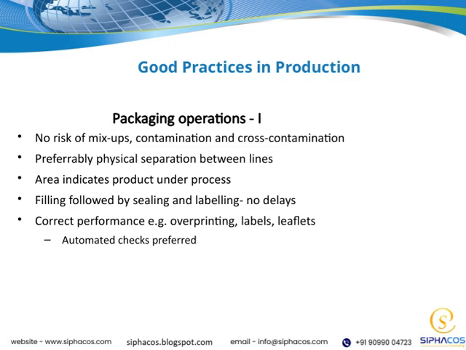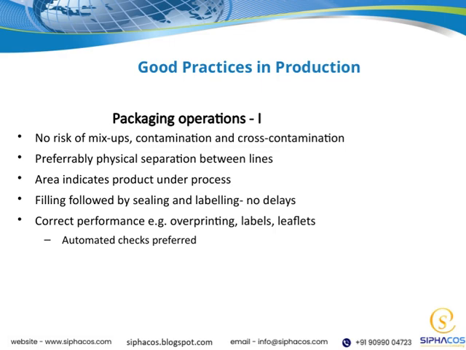The process flow typically involves filling, followed immediately by sealing and labeling, ensuring there are no unnecessary delays that could compromise quality or efficiency. Correct performance during these steps is vital. Things like accurate overprinting, properly applied labels, and correct leaflets must be checked.